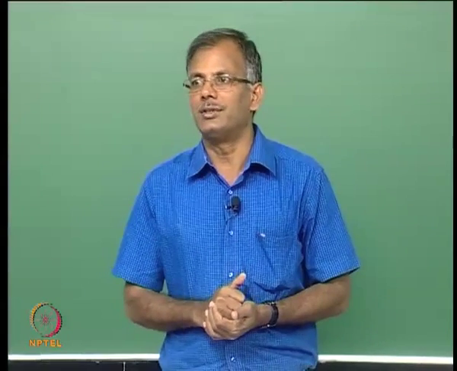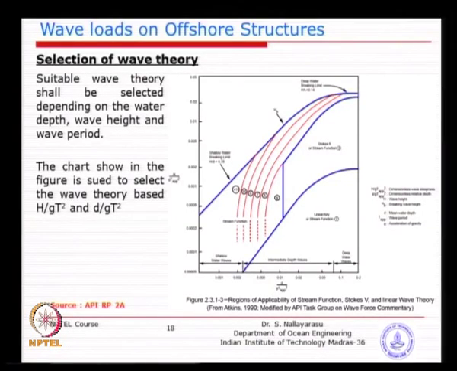So, gT² is a representation of the length of the wave, and on the vertical axis you have H/gT², basically the wave height with respect to gT². So, you could indirectly write this as the vertical axis being H/L, whereas the horizontal axis is d/L: water depth in relation to the wavelength, and wave height in relation to the wavelength.